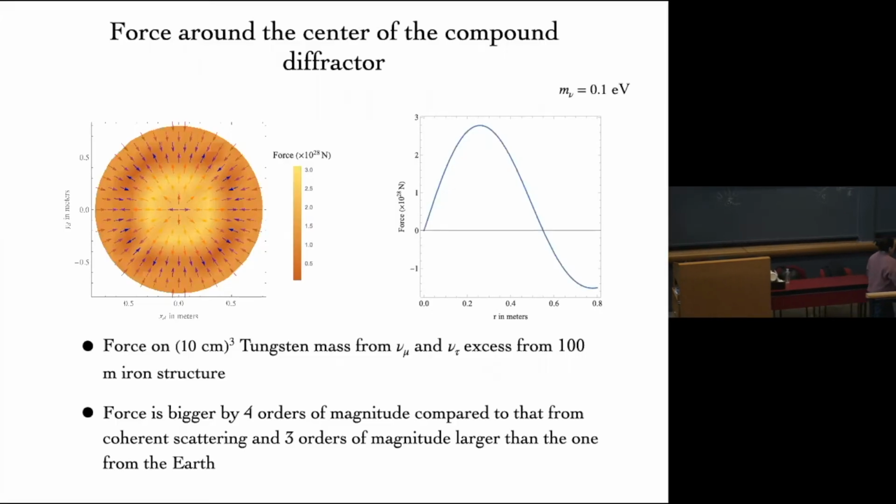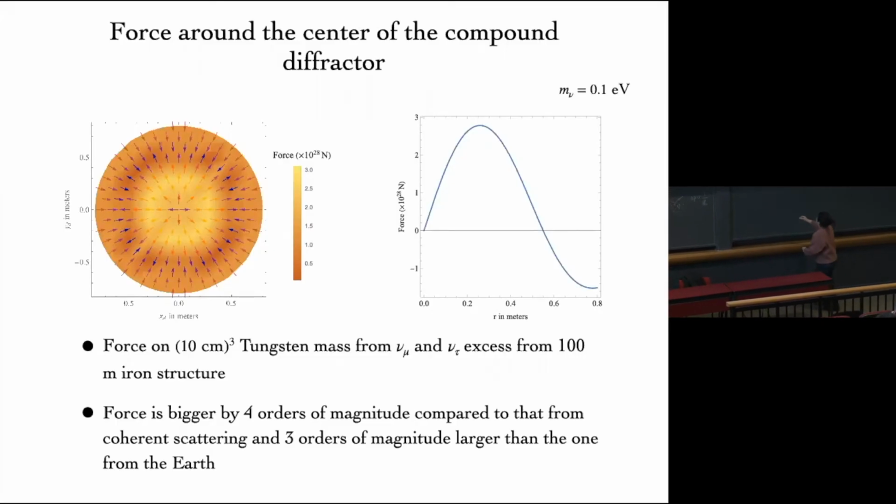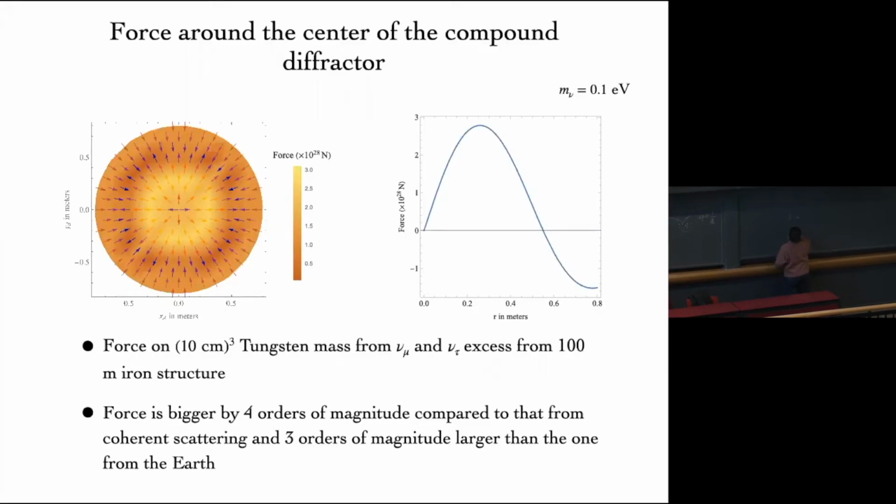And the reason is that the force is proportional to the length of the sticks, the phase that is accumulated, but it goes like 1 over the gradient, which is set by the width. And this width, in order to maximize the effect, has to go like 1 over square root of L. So it means that this grows like a square root of L. So in fact, you don't gain as fast with the size as you might have thought.